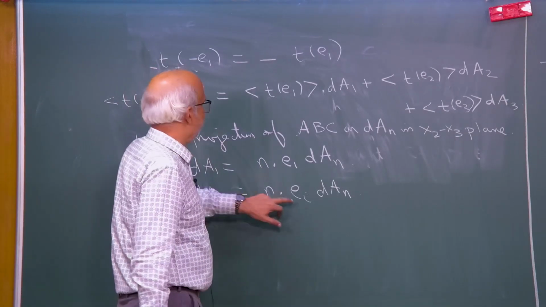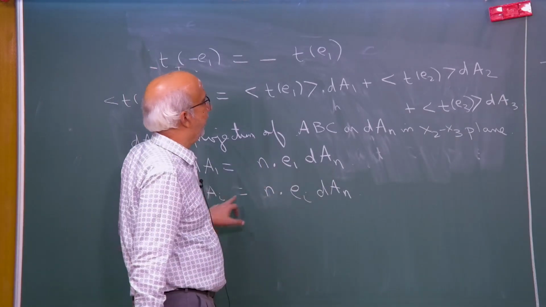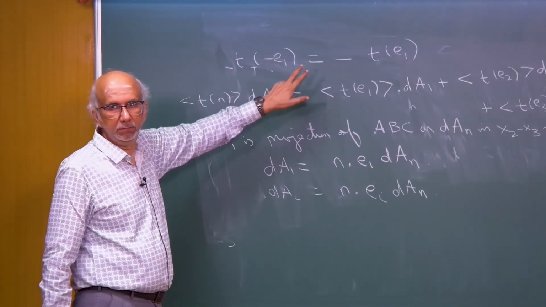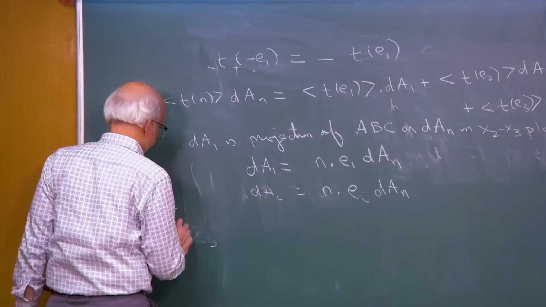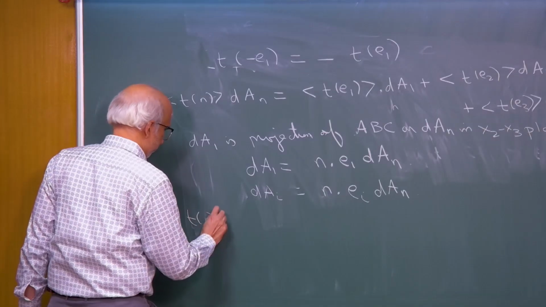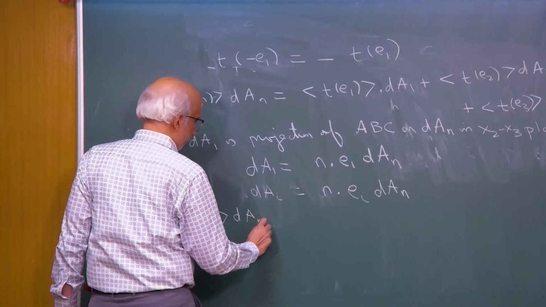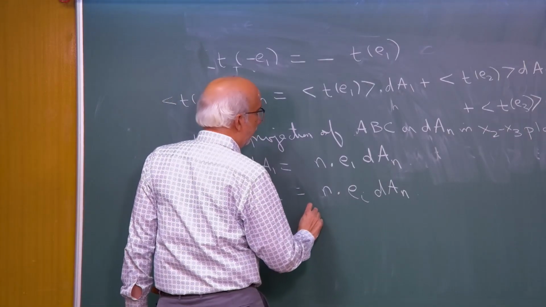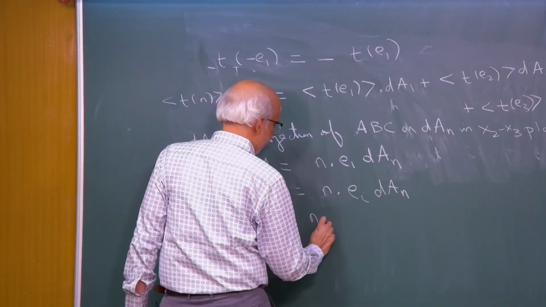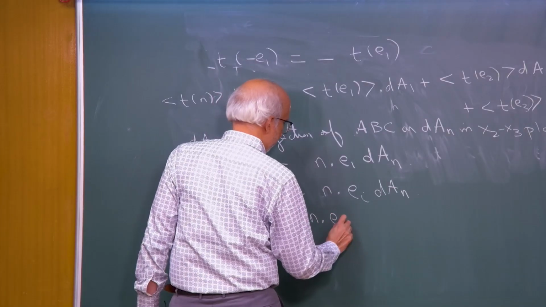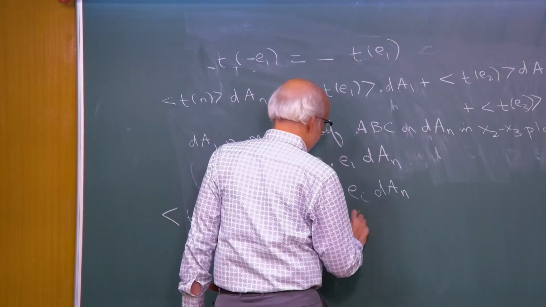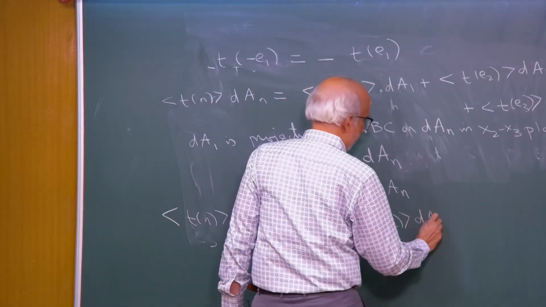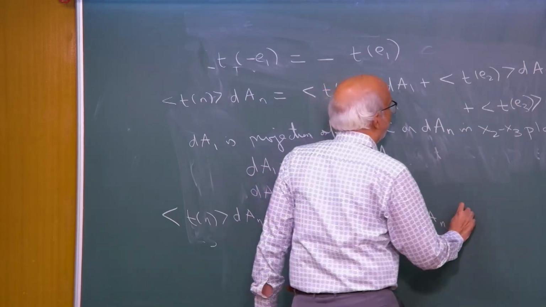Now, I am going to substitute for all the dA1, dA2, dA3 in terms of dA n here. What do I get? Equals n dot Ei average of T of Ei dA n.